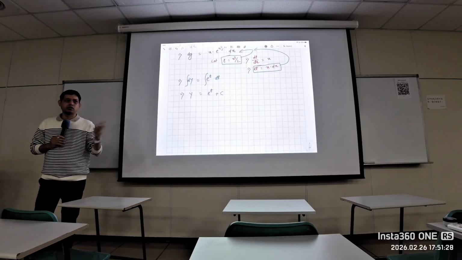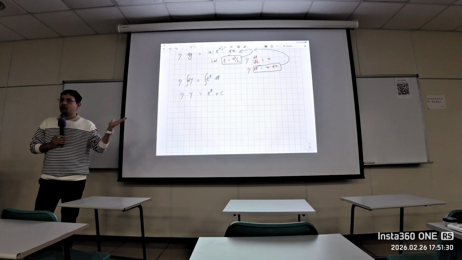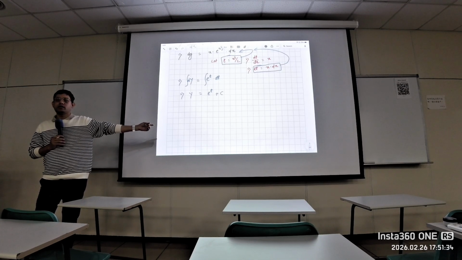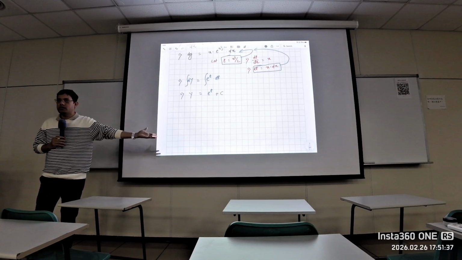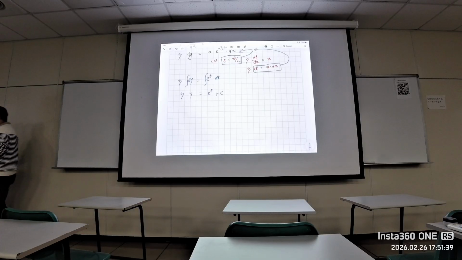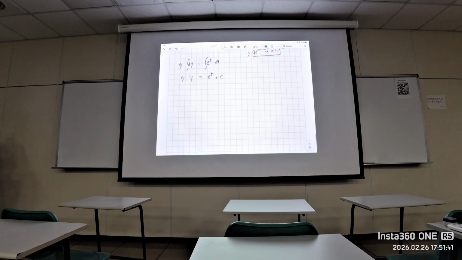But this is not our solution, because our question is on x, but we got the solution in t. So let's change it. Just put the value of t, that is e to the power x square by 2 plus c. So that is my answer.